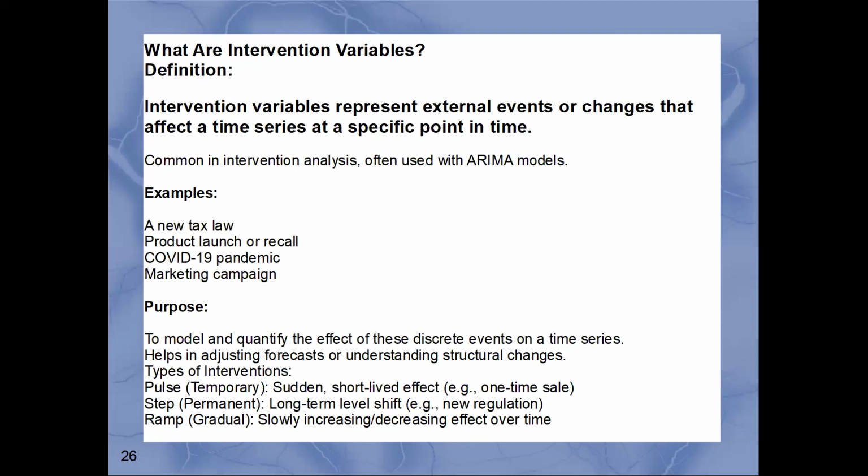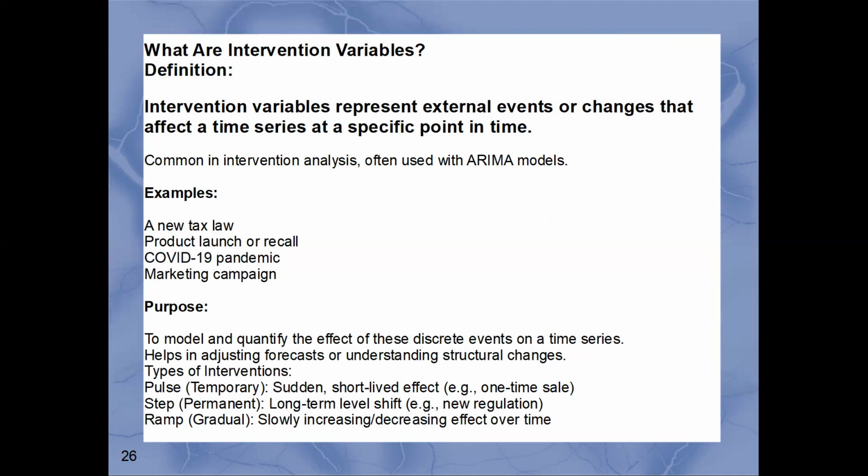Some examples are a new tax law that might shift your data, or a product launch or recall that might really affect your data. The product launched in a good way and the recall in a bad way, or the COVID-19 pandemic, right? Or marketing campaigns. These are all intervention variables that might happen once and might have an effect, and we can pinpoint pretty much where it happened.